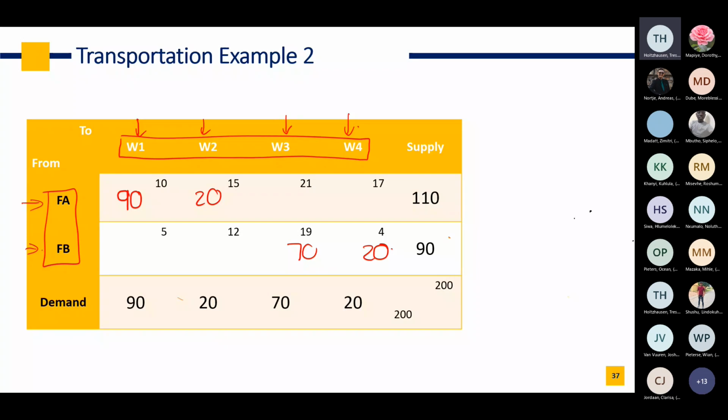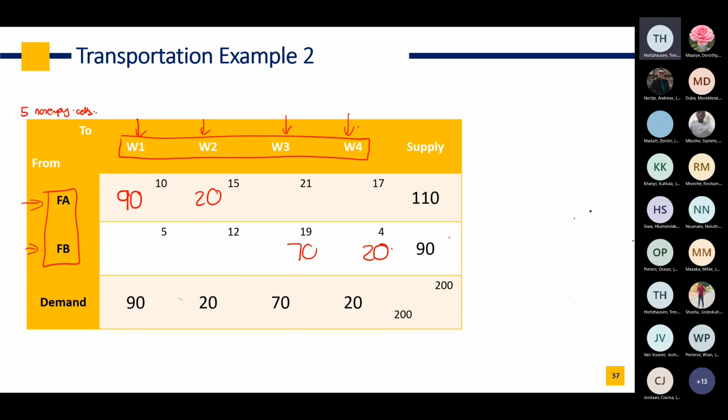So you have 4 columns and 2 rows. That's 6 minus 1. So you actually should have 5 non-empty cells, or 5 basic variables technically. So you should have a solution with 5 decision variable values, and then the rest are zeros.